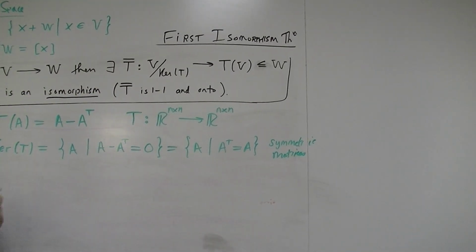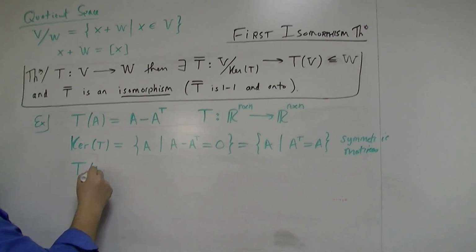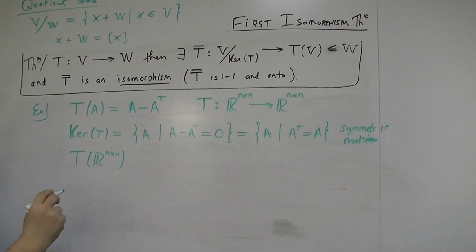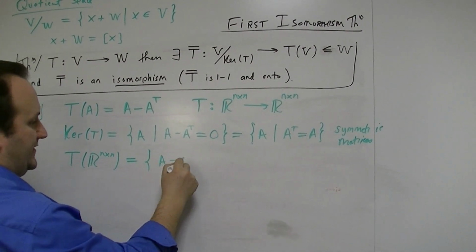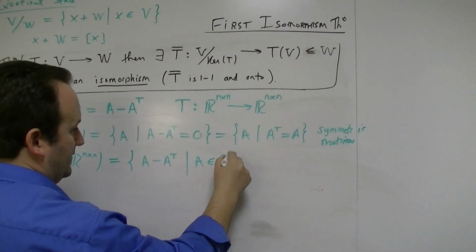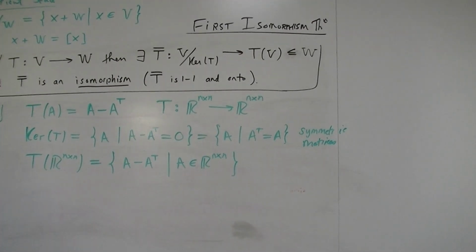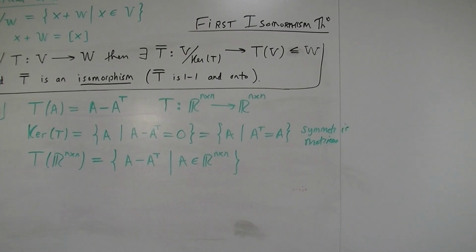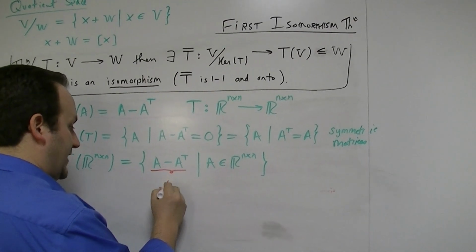Right, what's the image? What's T of Rn by n? So we're basically looking at A minus A transpose such that A is a matrix. If I call that thing B, what can you say about B? Besides just saying it's the image of T, does it have another name?